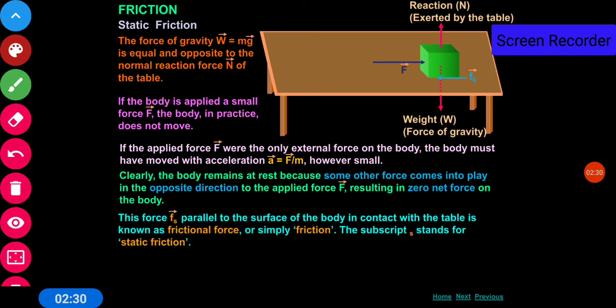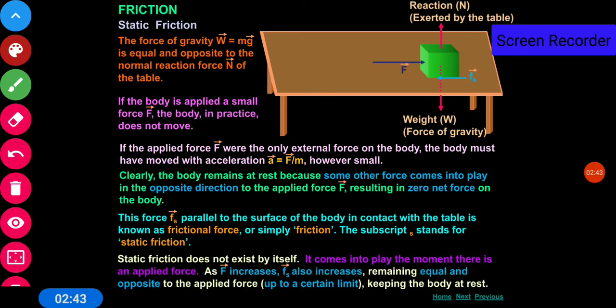This force Fs, parallel to the surface of the body in contact with the table, is known as the frictional force or simply friction. The subscript s stands for static friction. Static friction does not exist by itself. It comes into play the moment there is an applied force.